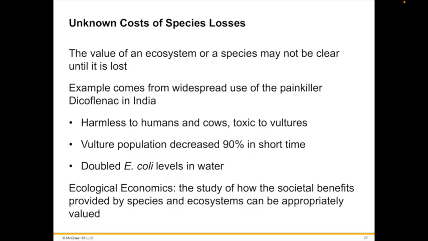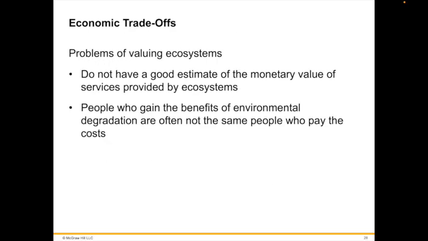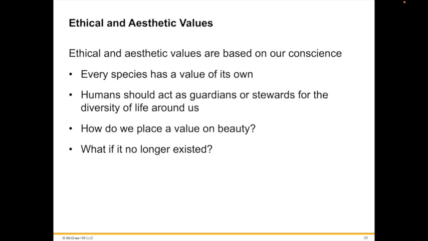The same argument can be made for preserving particular species within ecosystems. Given how little we know about the biology of most species, particularly in the tropics, it is impossible to predict all of the consequences of removing a species. Many people believe that preserving biodiversity is an ethical issue because every species is of value in its own right, even if humans are not able to exploit or benefit from it.